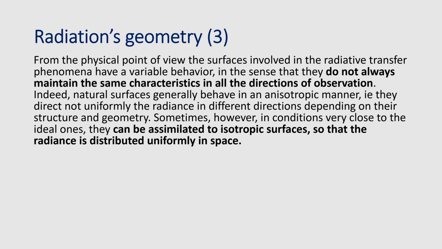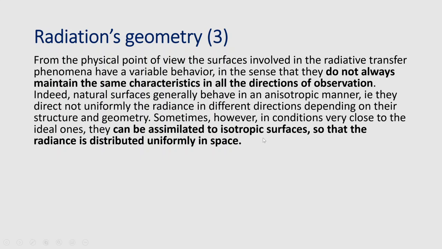So that means that, usually from the theoretical point of view, and it is important in the first phrase that is in bold, these surfaces do not always maintain the same characteristics in all the direction of observation. That means that, if they are reflecting energy, maybe this energy is not reflected in the same way in all the angles. And on the contrary, there are some surfaces that, as we can read here, can be assimilated to isotropic surfaces.